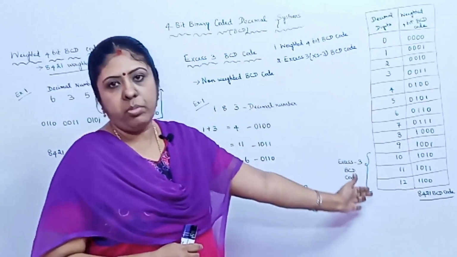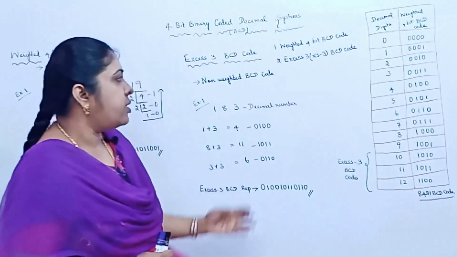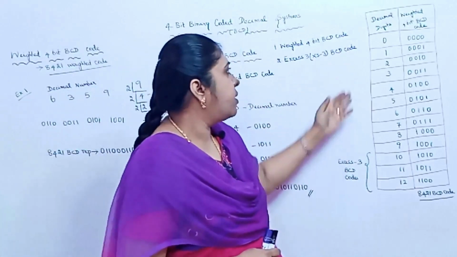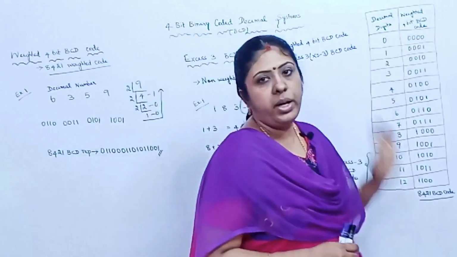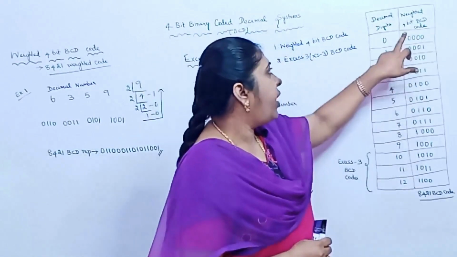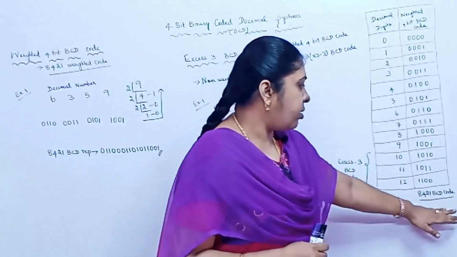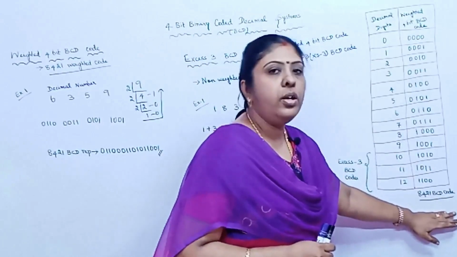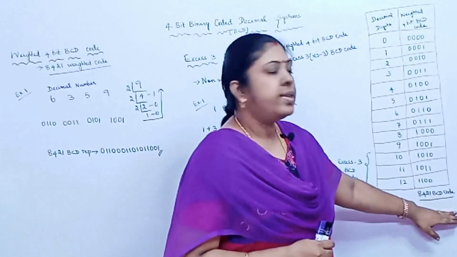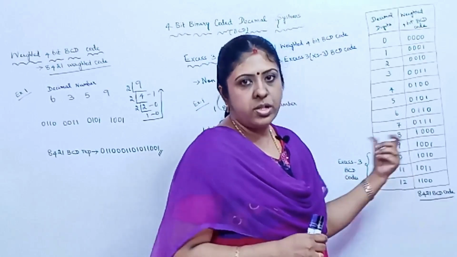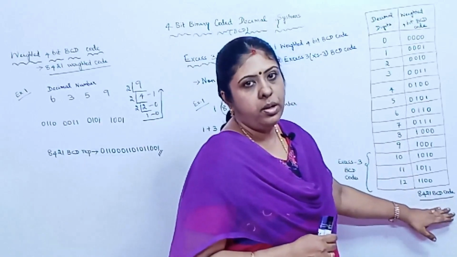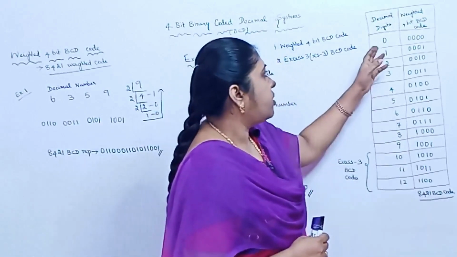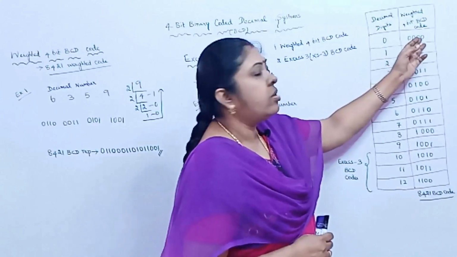Here a table has been given, which consists of decimal digits from 0 to 12 and the concerned weighted 4-bit BCD code. This weighted 4-bit BCD code can also be called an 8421 BCD code, since it considers the positional values of each digit. For 0, it is represented as 0000.